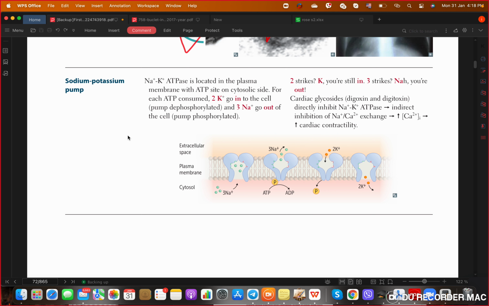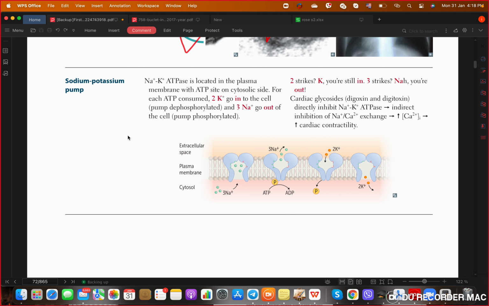Okay. So for each ATP you consume, think about it before we speak about it. Normally, which substance do you have more inside of the cell? Inside of the cell is potassium, outside is sodium. So to move sodium to the outside, will you need energy? Yes, ATP. Why? Because you are pushing against the gradient. To move potassium inside?